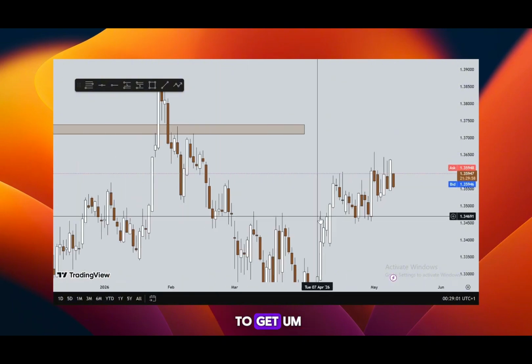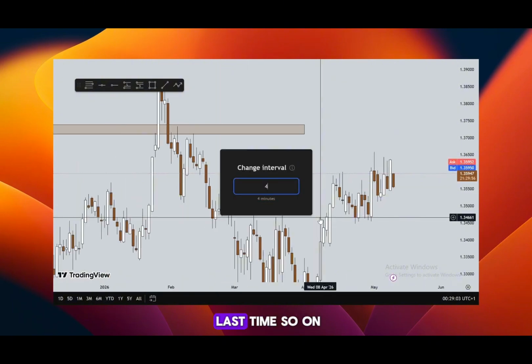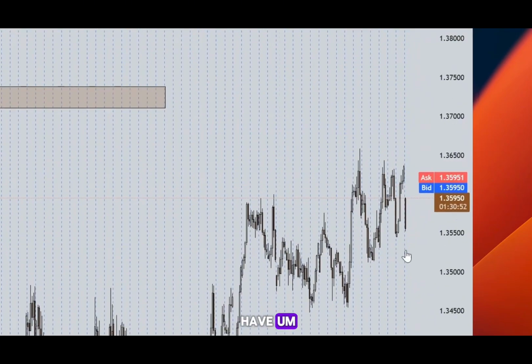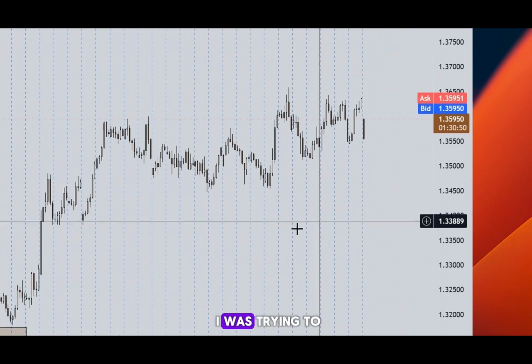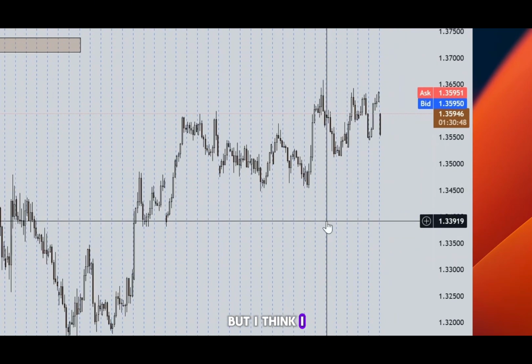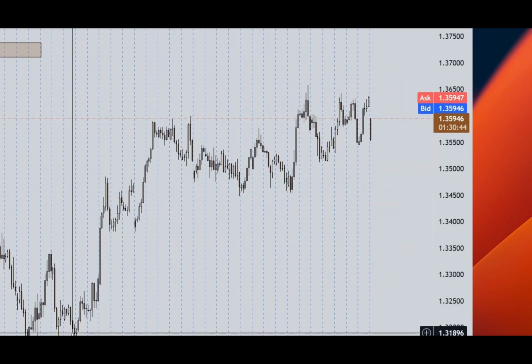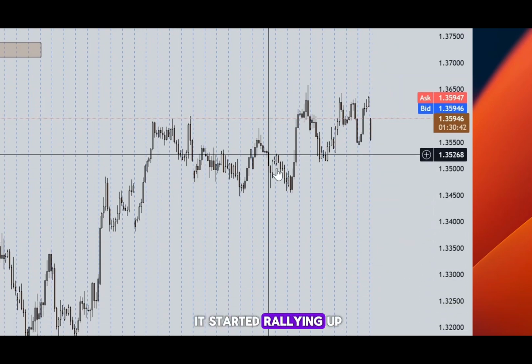I'm trying to get to where I was the last time. On the 4 hour, I remember the main move started from here before it started rallying up.